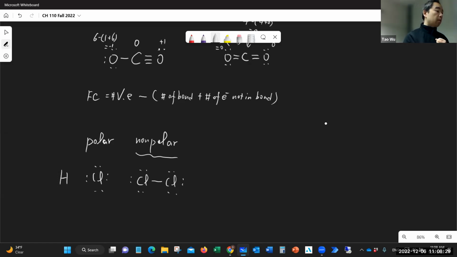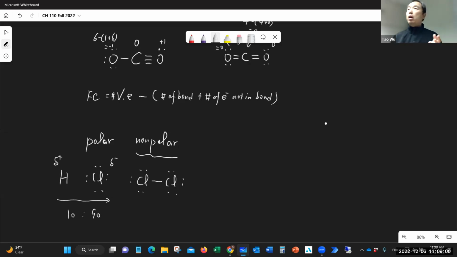In the non-polar situation there is 50-50 sharing of the electrons, but in this case it's not going to be 50-50 sharing. Maybe they have a 90-10 sharing of the electrons. I'm not sure, I just give you one example, which makes the shared electrons closer to the chlorine, so the chlorine side will have the partial negative, and the hydrogen side will have the partial positive.